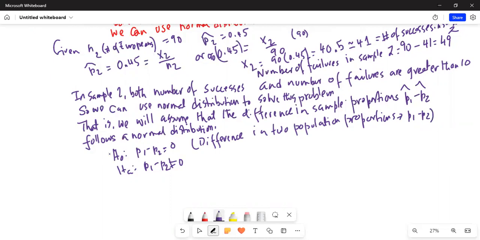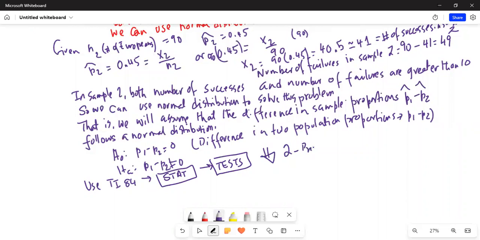So we'll use the TI-84. Press the stat button, then the test button. Then highlight test on the top row and scroll down to 2 prop Z test and hit enter.